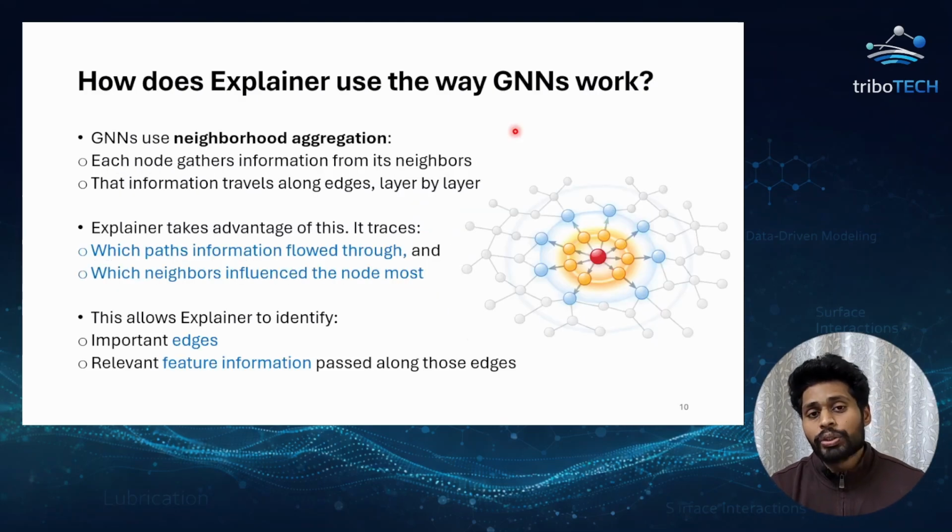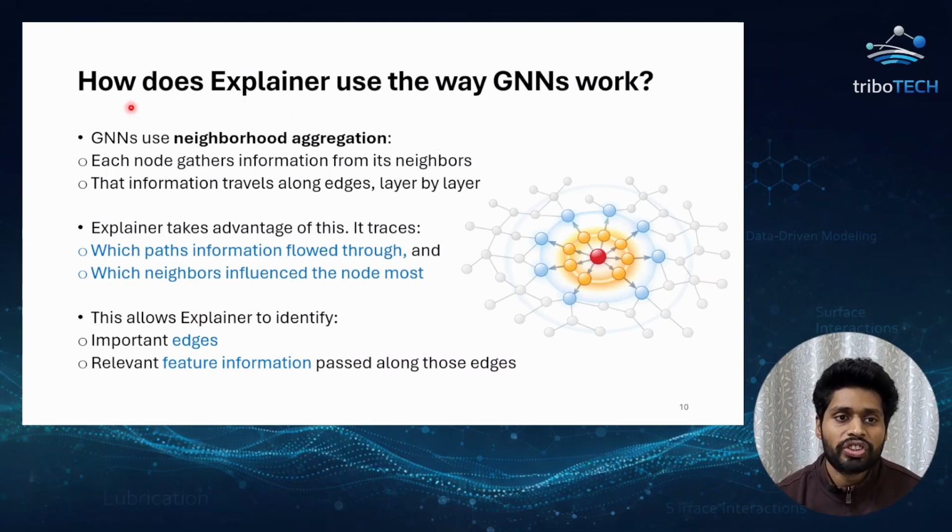Now, explainers use the way GNNs work. If you know about GNNs, then you know they use neighborhood aggregation, which means that each node gathers information from its neighbors, and the neighbors from their neighbors. This information travels along the edges layer by layer.